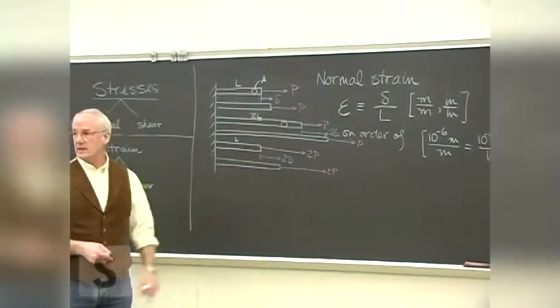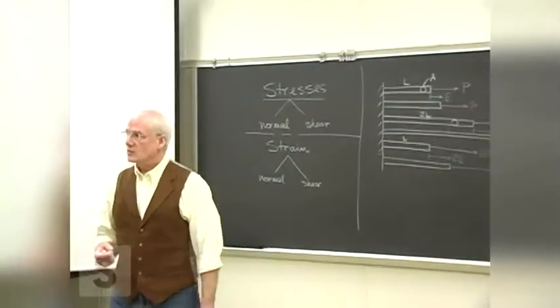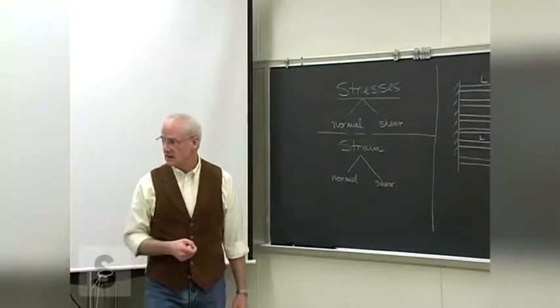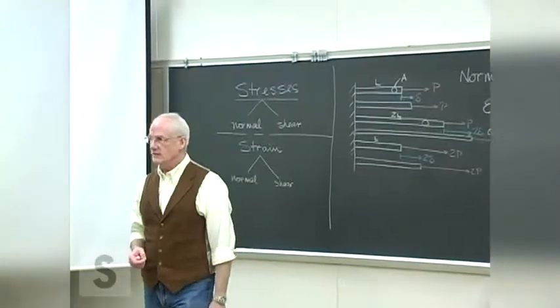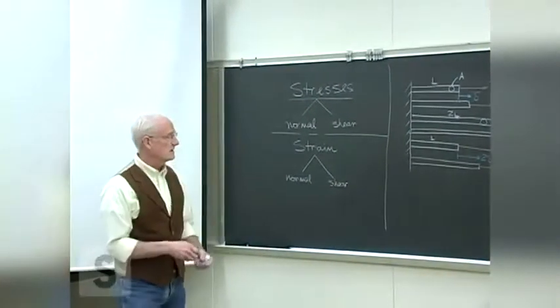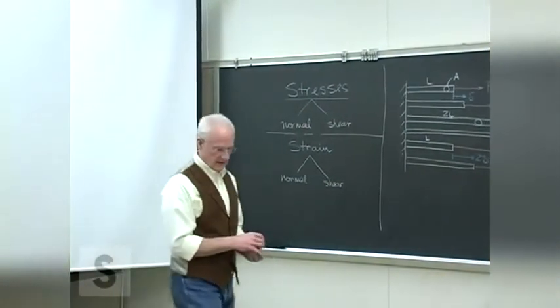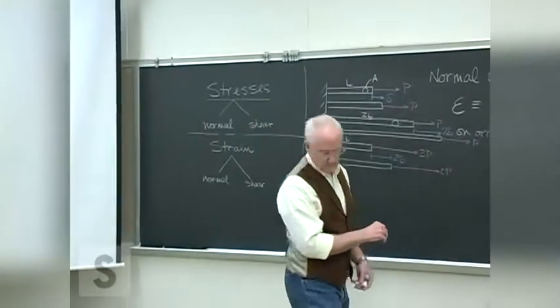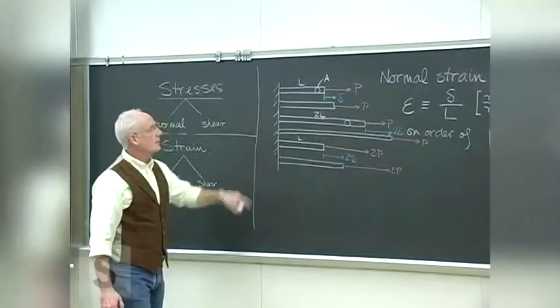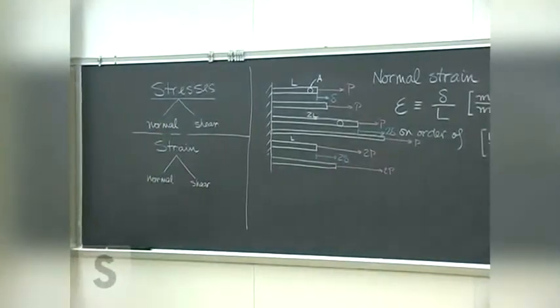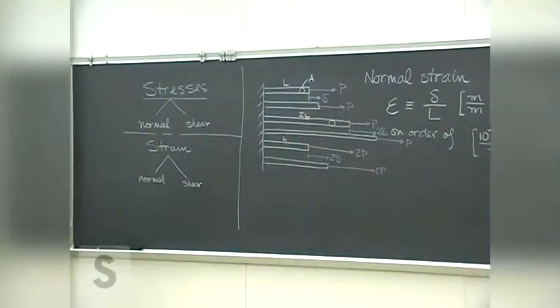Just what this deformation comes out to be, of course, depends upon what the solid is itself as well, what material this is. Steel is very different than it would be if this piece we were talking about was rubber of some kind. So we're going to relate the material properties itself to this response in the next day or two. Might hit it Friday.